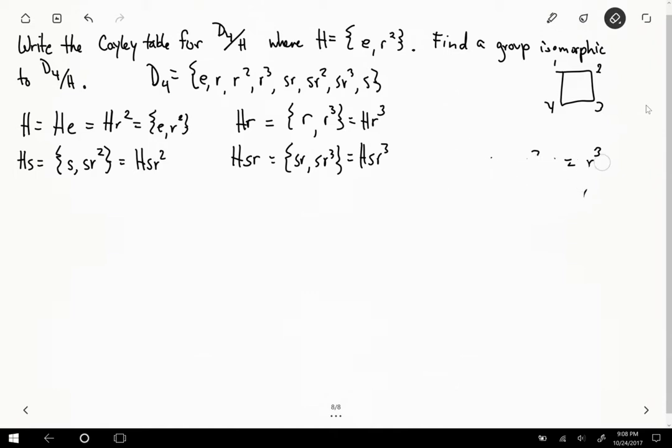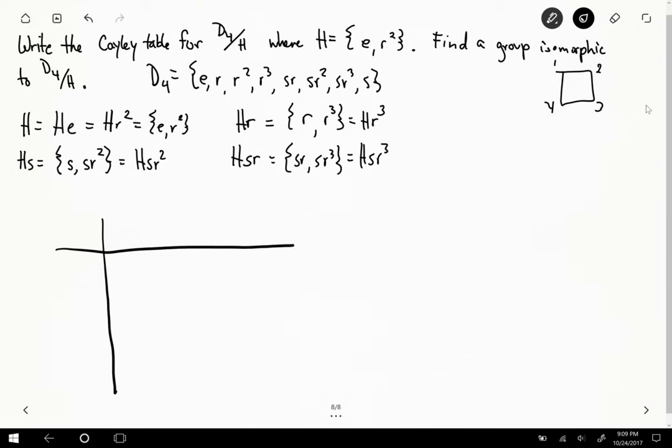So now there's all our elements, and rather than have repeats, because these are representing the same cosets, we only need to select one from each. And the easy way to do this, and we have a couple ways we can write it. The first one, we can write H or HE or HR squared, but essentially this is representing our identity. So when we're actually doing the cosets in the Cayley table, what actually happens?